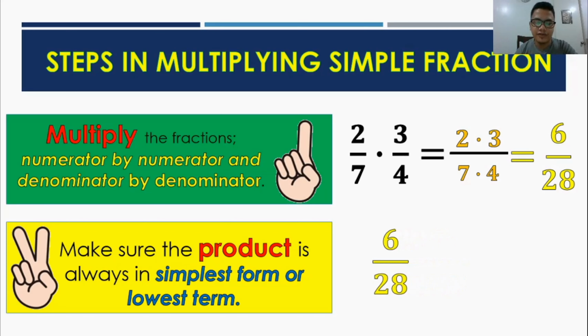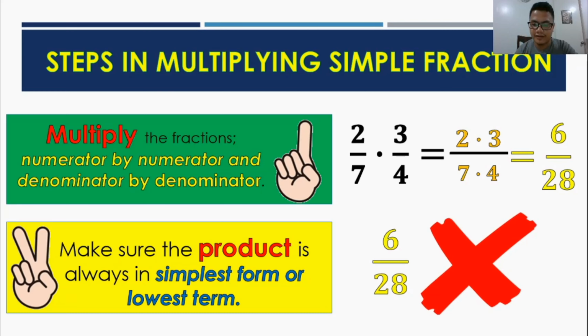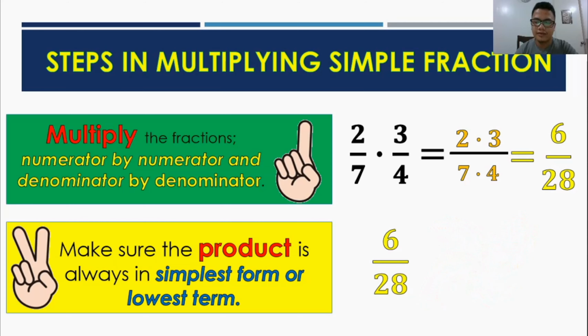So 6 over 28, is it simplified? 4, 3, 2, and 1. So it's not yet simplified. Now let's look for its GCF. 3, 2, 1. If you want longer time, just pause the video. Okay, so we have GCF is 2.